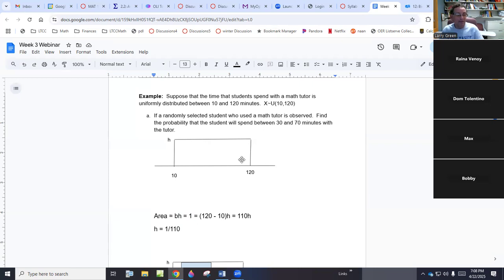The base is going to be 120 minus 10. How far from here to here? From 10 to 120, you just subtract the two numbers. The height is h. 120 minus 10 is 110. So we know 1 is equal to 110h. We divide by 110, and you get h is 1 over 110.